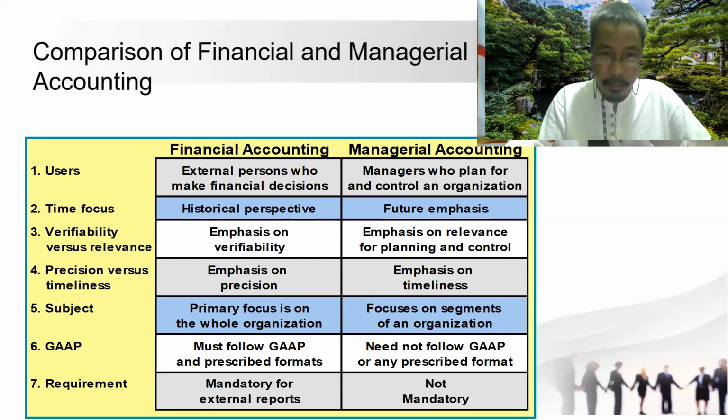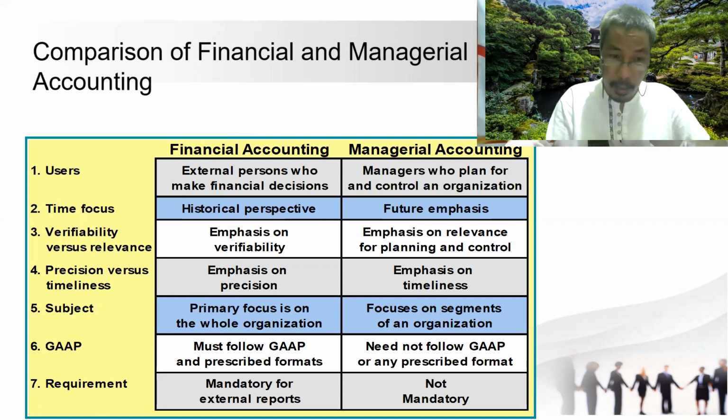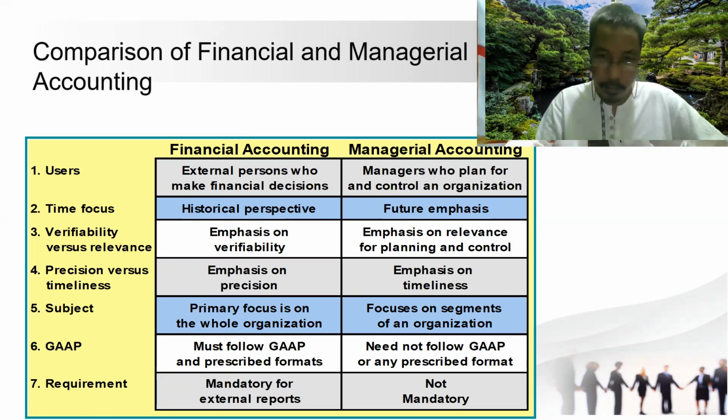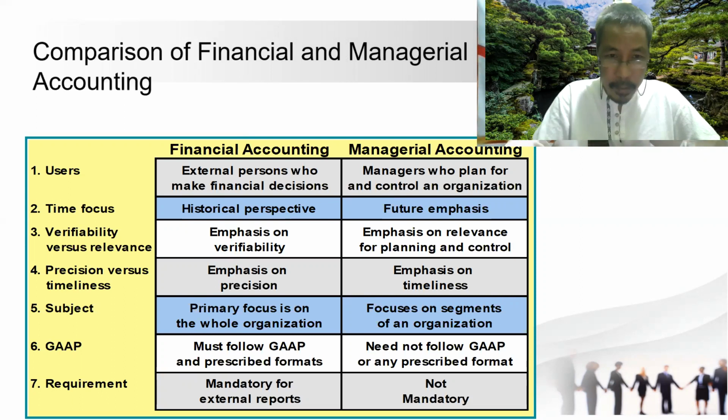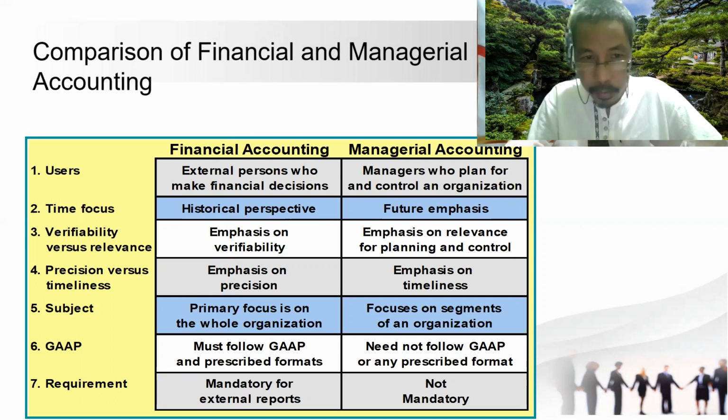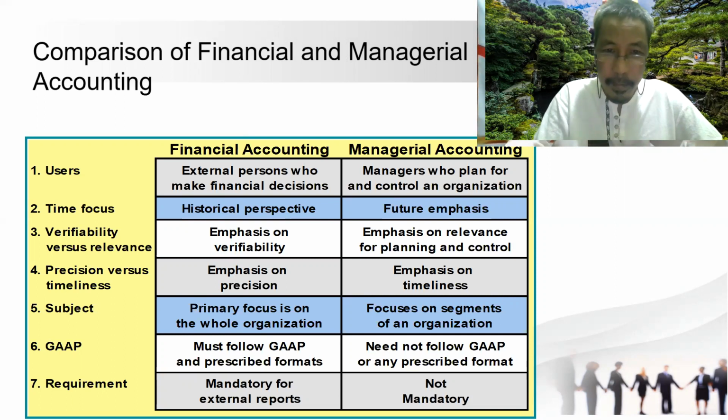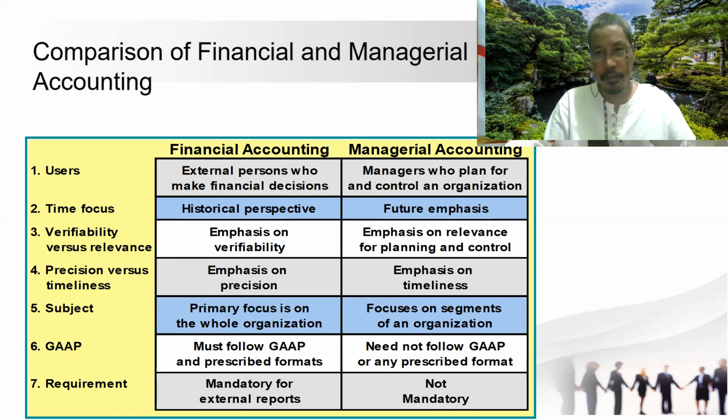Let us compare each of the 7 aspects. First aspect, we will compare between the two from the point of view of the user. Financial accounting users are external persons who make financial decisions. Like what?